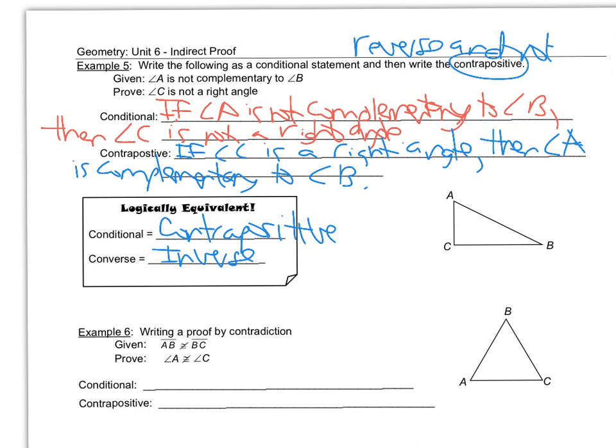So let's see if we can identify the conditional and the contrapositive and see how it can help us in writing an indirect proof.